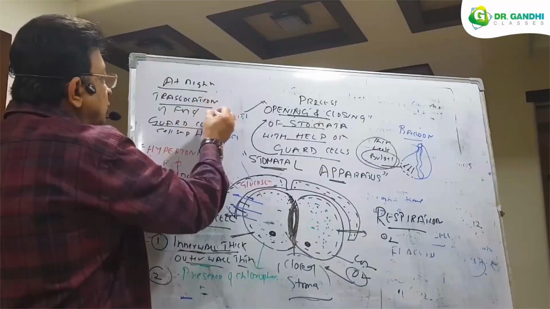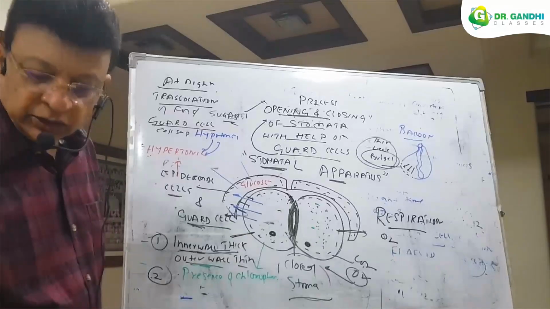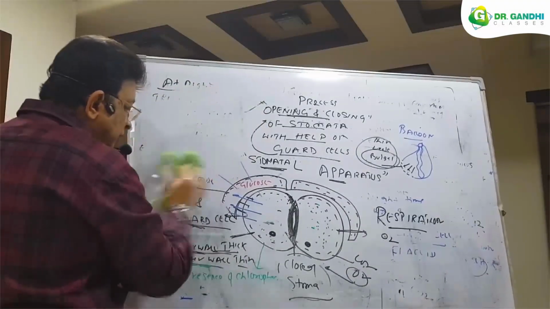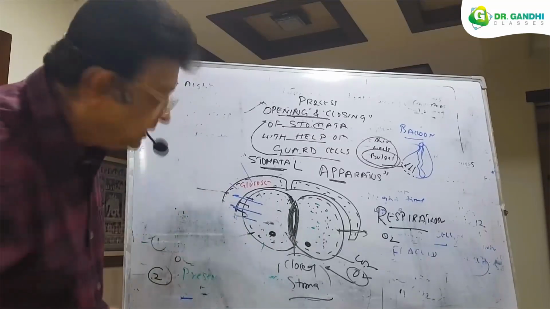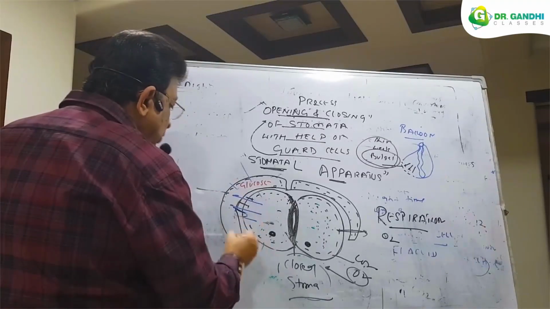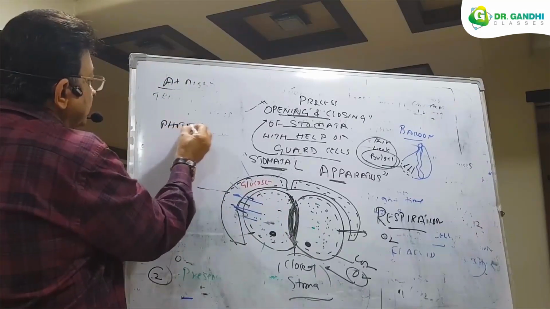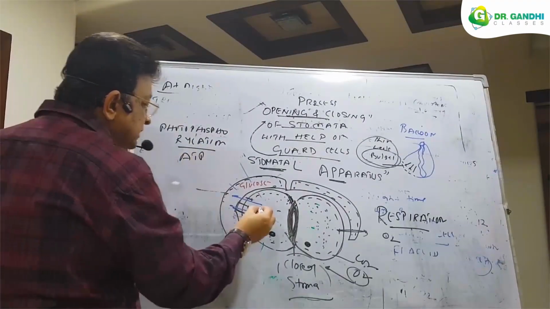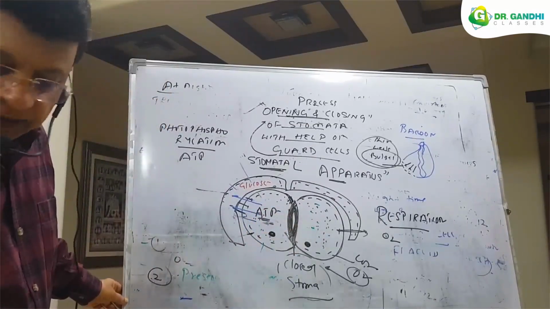This then is known as the sugar theory of opening and closing of the stomata. The other theory, which is widely accepted, is that during the day, ATP is produced because of photosynthesis. What does the ATP do?